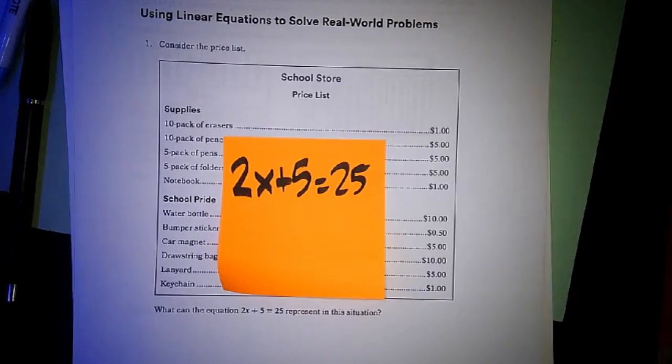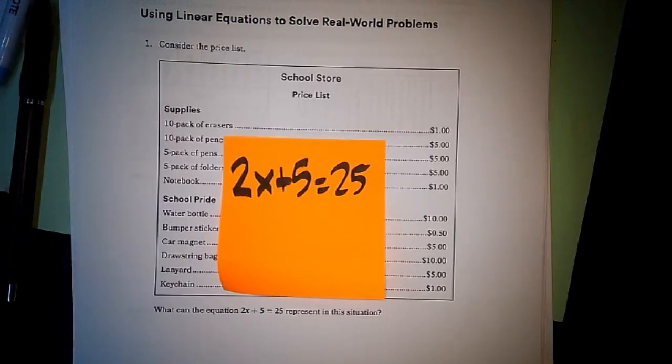Using the price list that you have, what could this equation represent? Any ideas?